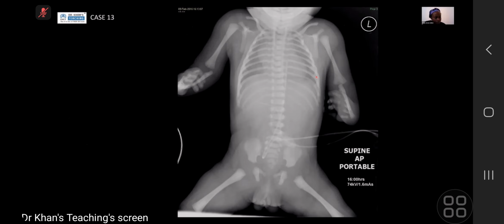Lower level should be just below the L3 vertebral level, to be away from the renal arteries origin. For the umbilical venous catheter, it should be adjusted to go to the junction of the inferior vena cava and the right atrium. I see it directed to the right hepatic vein, could be in the right portal vein branch. Okay, that's correct. Okay, sorry, carry on assessing the radiograph.